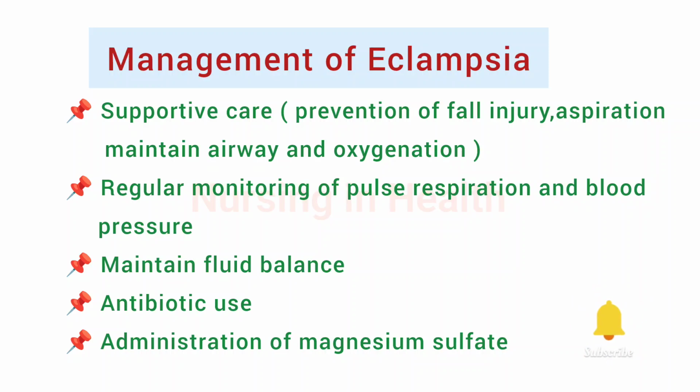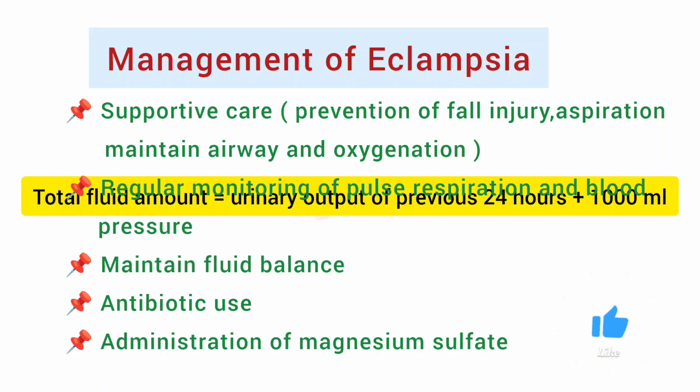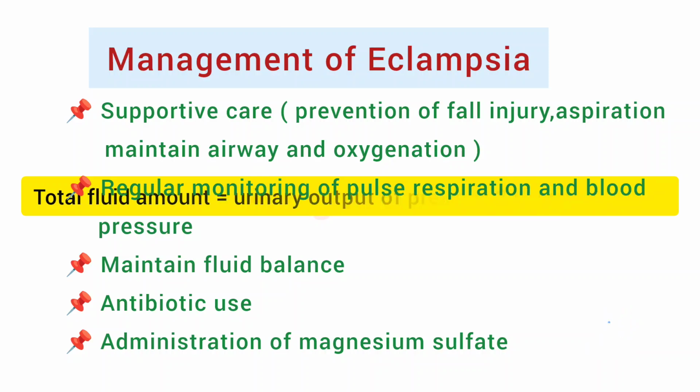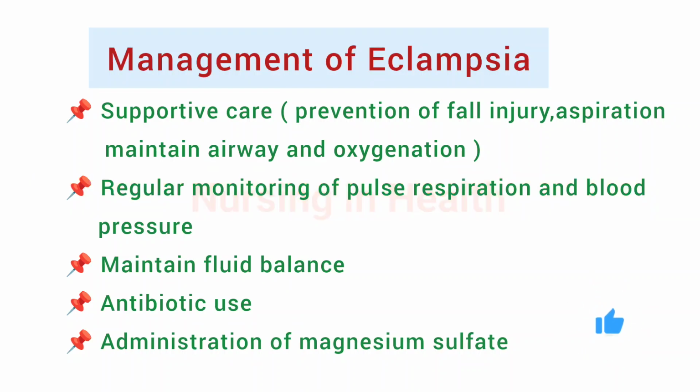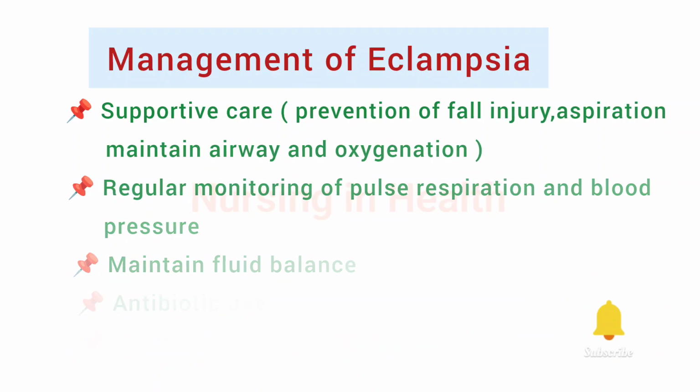Maintain fluid balance. The total fluid should not exceed the previous 24 hours urinary output plus 1000 ml. Next, use antibiotic and administration of magnesium sulfate.